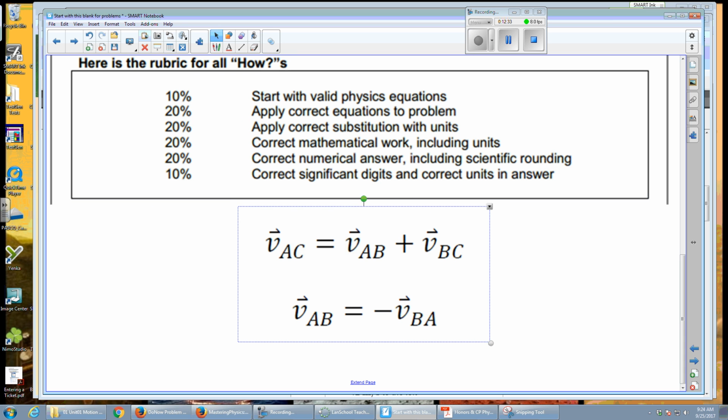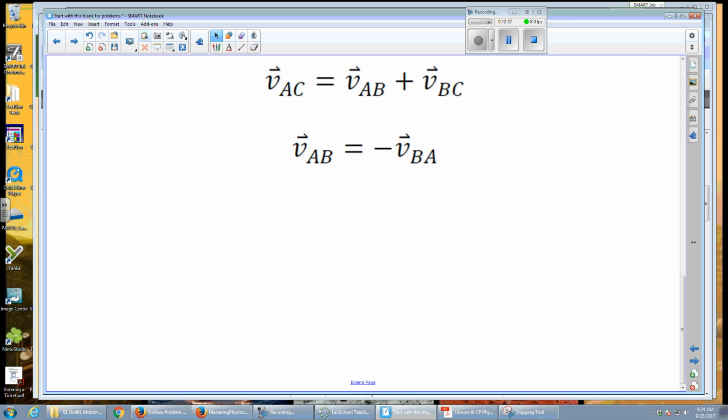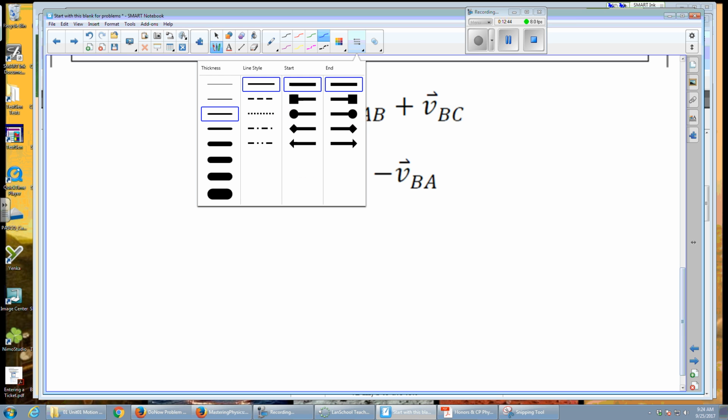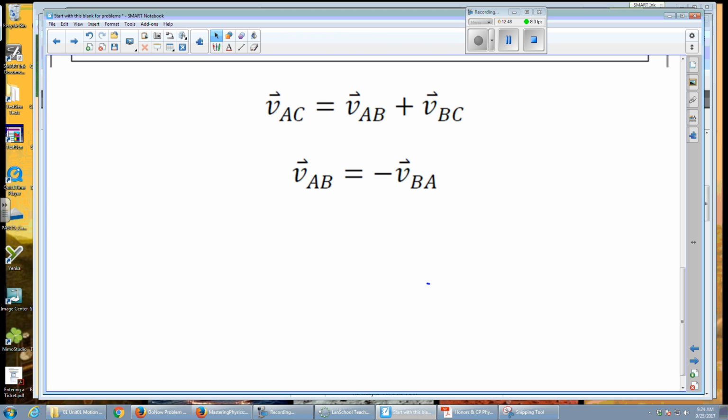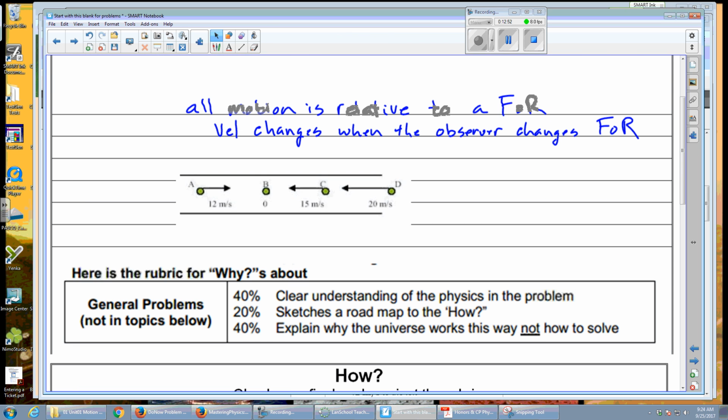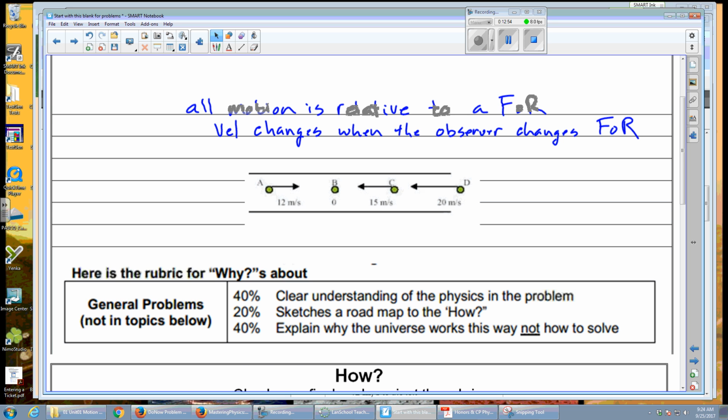All right, so I've got my relative motion equations. I wrote nice and neat. Let's see. I think I'm going to move my diagram. Well, we'll just leave that. We'll leave it up. Never mind.